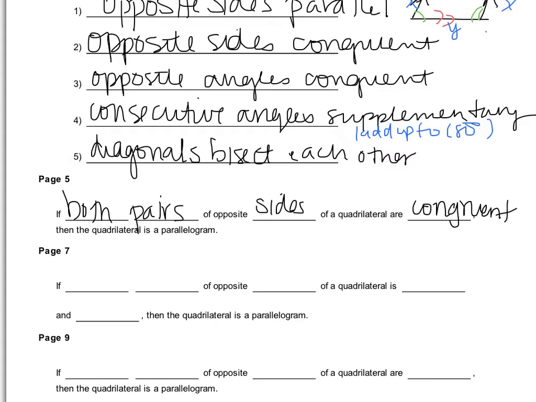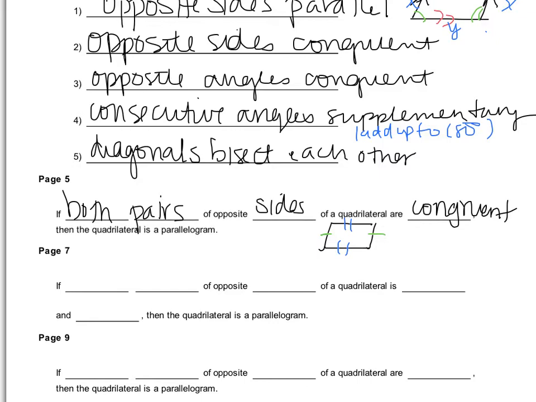So all that's saying is that if I have something with 4 sides, and I'm told that the left and the right are congruent, and the top and the bottom are congruent, then by definition it must be a parallelogram.